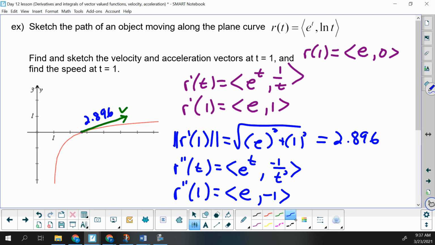So from our original point to mark our acceleration, we have to go right e again, but this time down 1. So that would be about here. So again, that's the pull. That's where we're being pulled, the object at that instant.